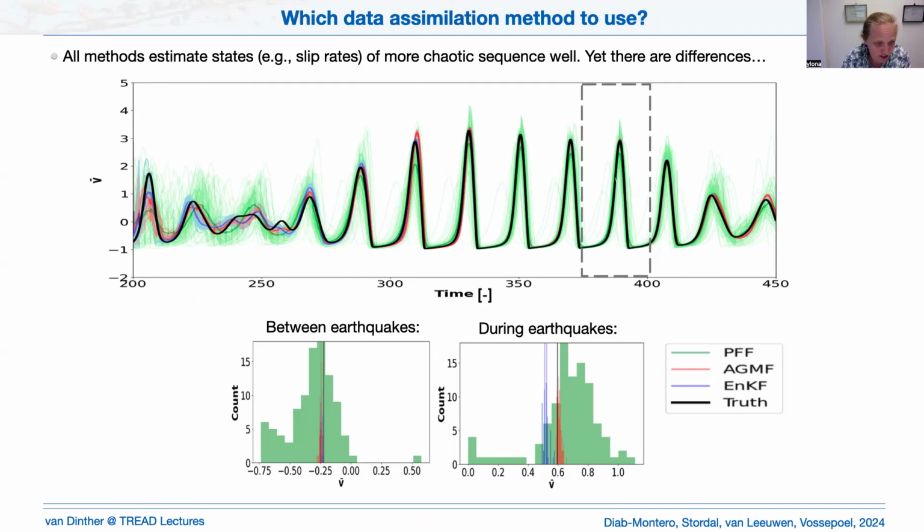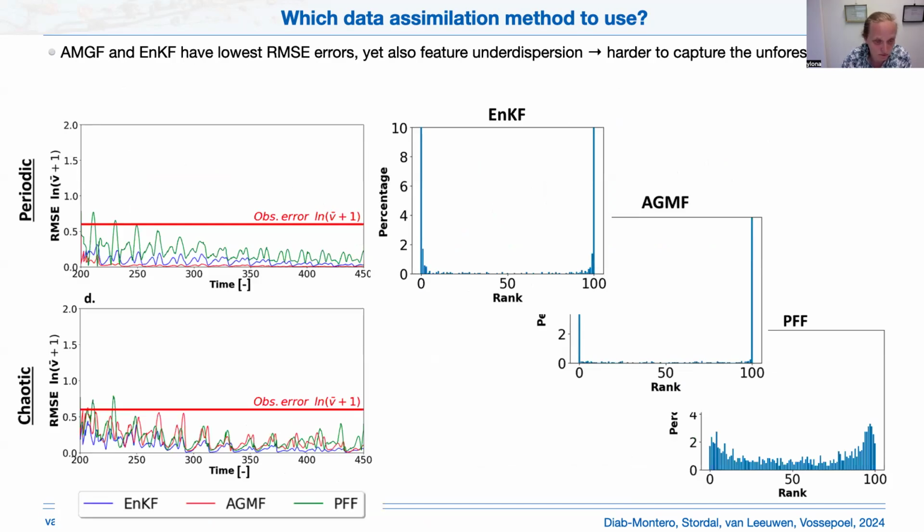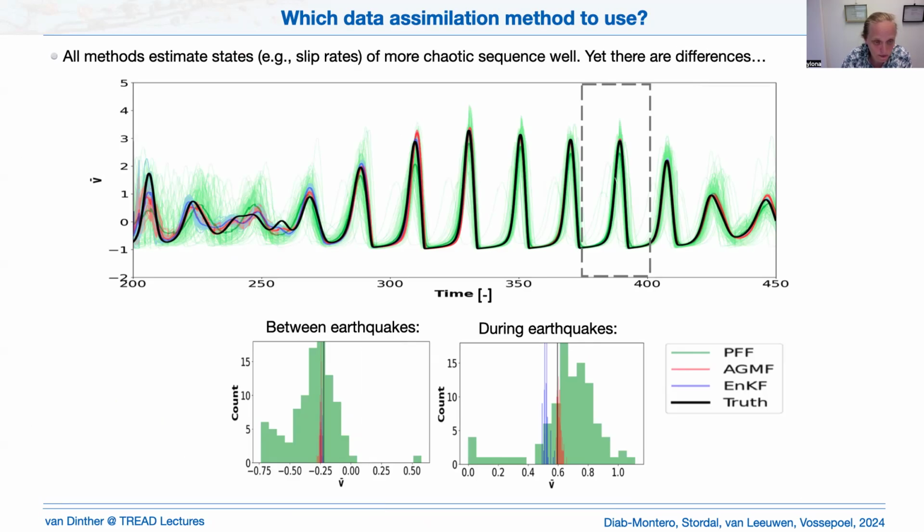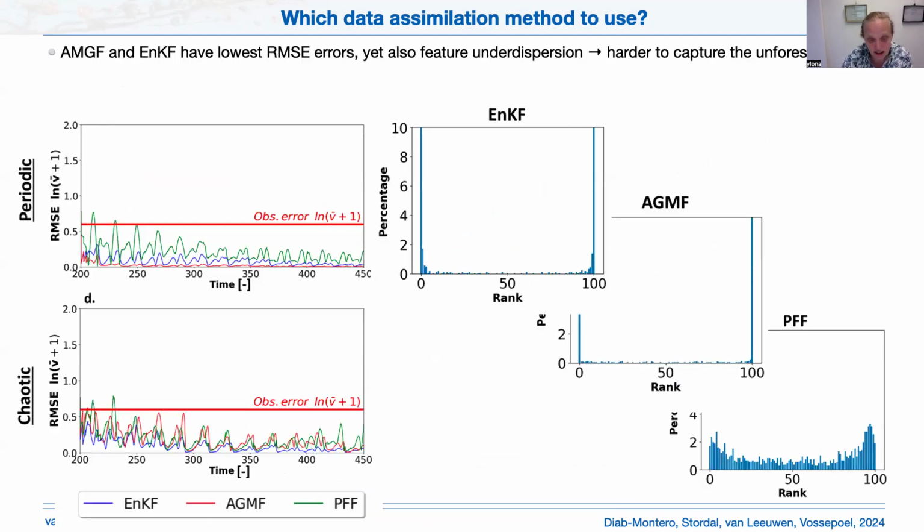The particle filter has a much larger distribution, with much more uncertainty in it as well. So there is less certainty about knowing where an event will come, but it has a wider breadth, essentially, of the models.